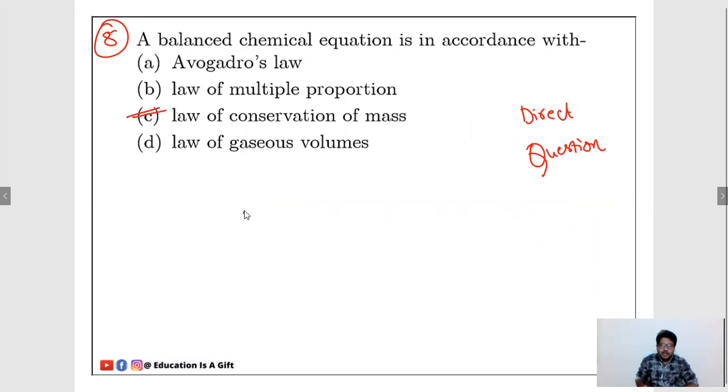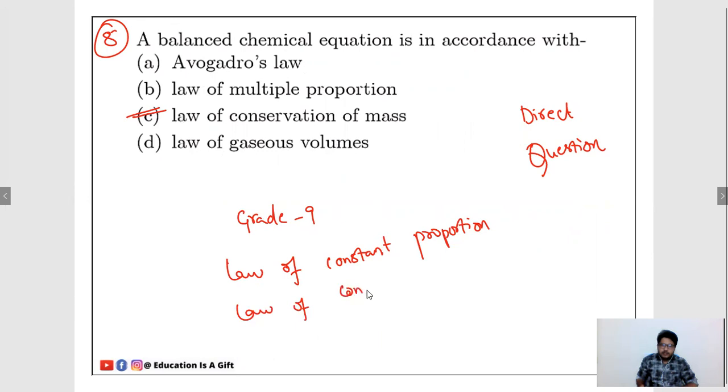If you remember your grade 9, we got two laws: law of constant proportion, and second one, law of conservation of mass.